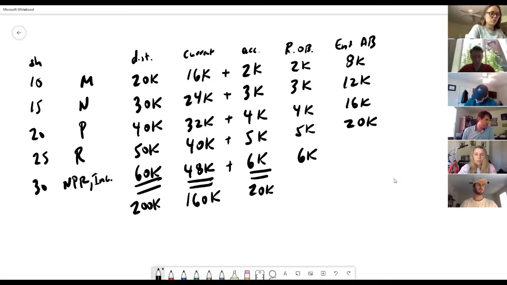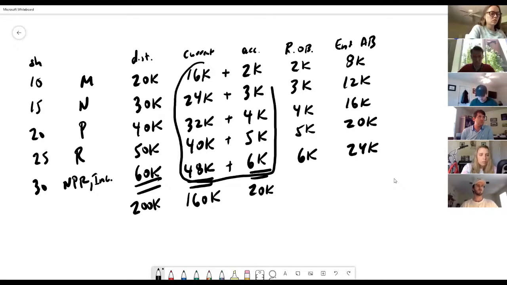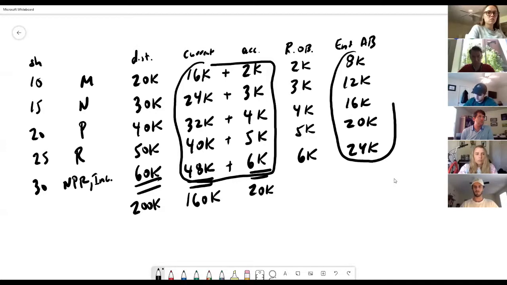And 30,000 minus 6 is 24,000. So ultimately, these are your dividends and this is the basis of the stock thus far.